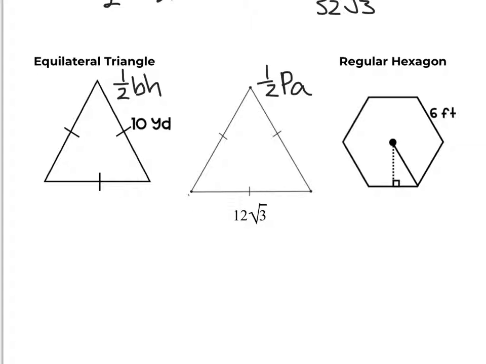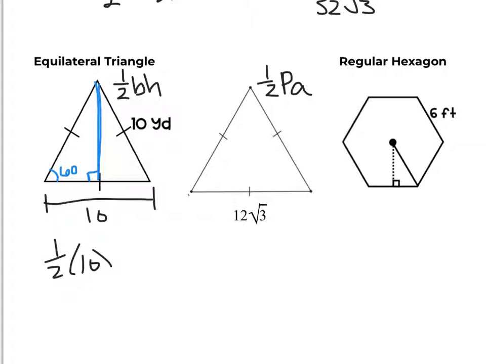So in my first one, I'm telling you, let's do 1/2 base times height. So my base is 10, so 1/2 base, and I need my height. This blue line is what I need. And what I want to use is the fact that in an equilateral triangle, all my angles are 60 degrees. And we already said our side is 10.